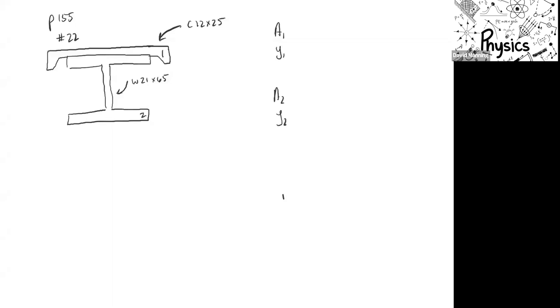So I go to the back of my book. Appendix C, we got a 12 by 25, 7.34. And Y1 is, well, we're not going to be able to figure that out yet.